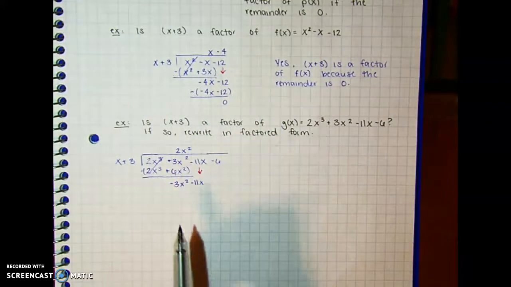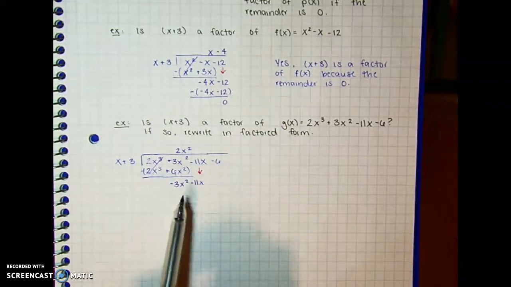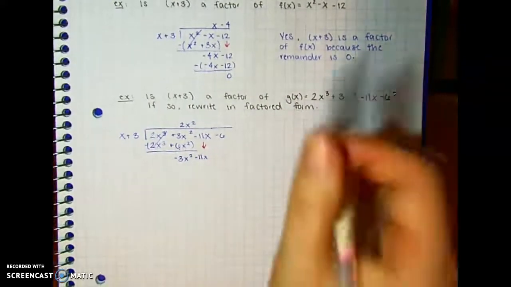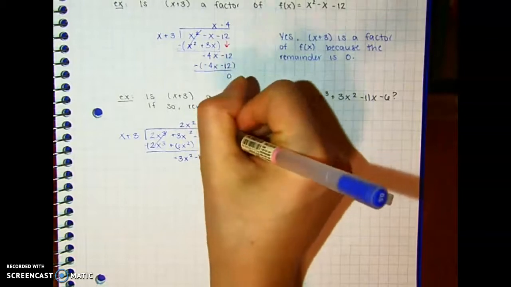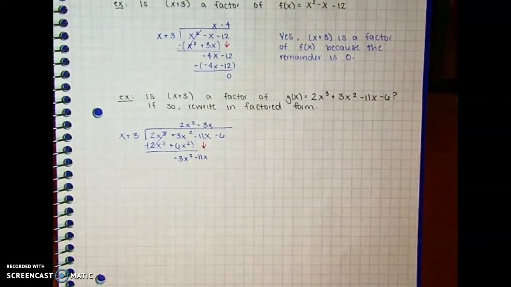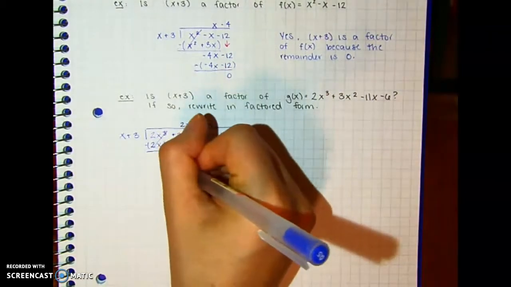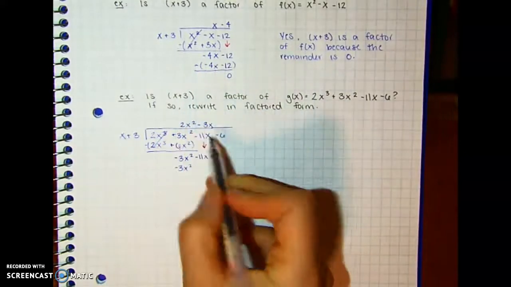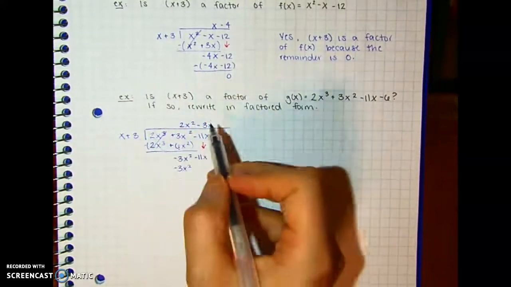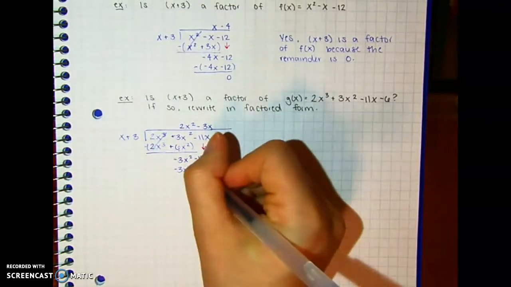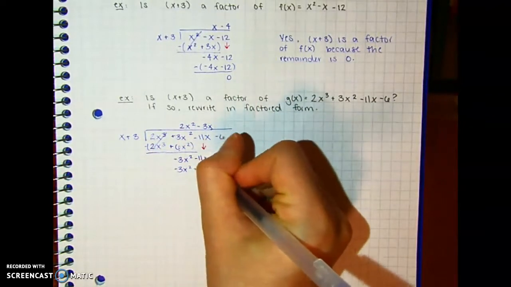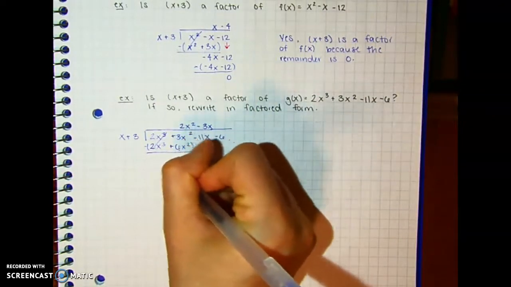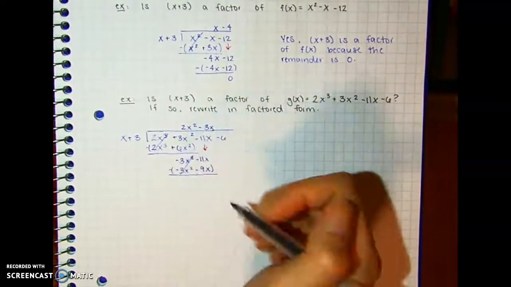Do it again. So what do I need to multiply x by to get negative 3x squared? Negative 3x. And then we do negative 3x times 3, so we get negative 9x and subtract. These cancel.